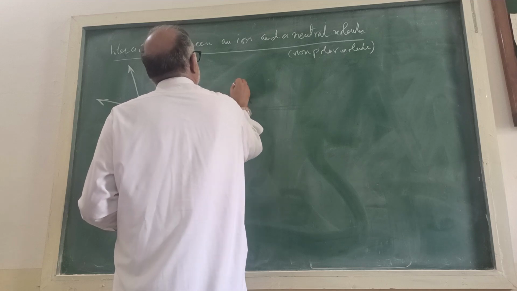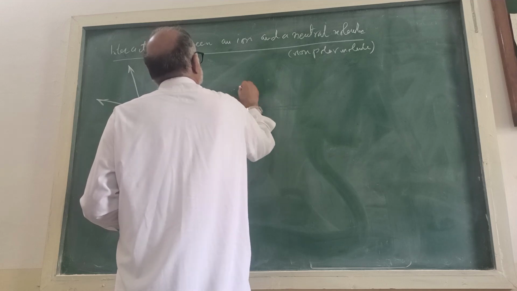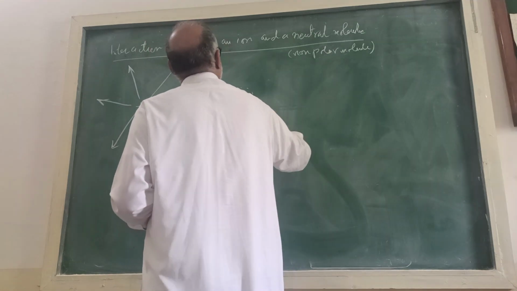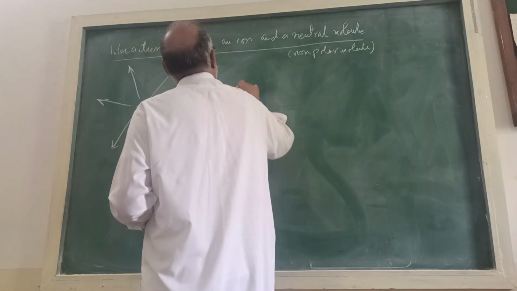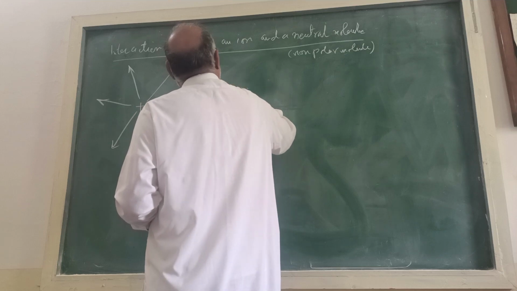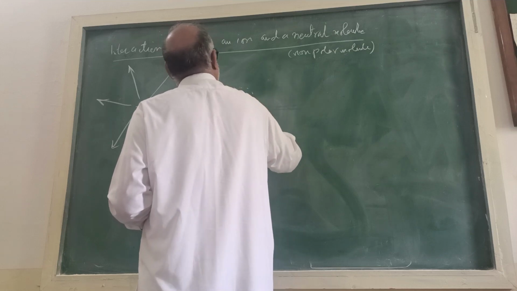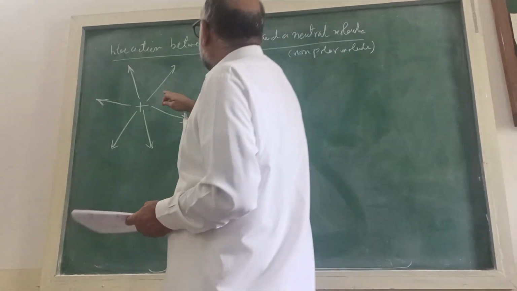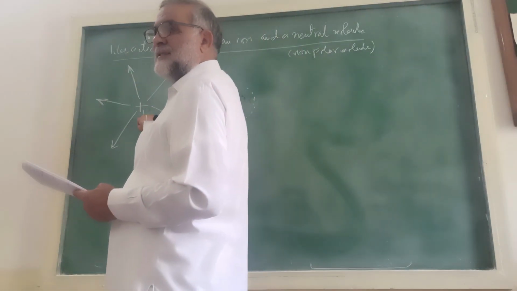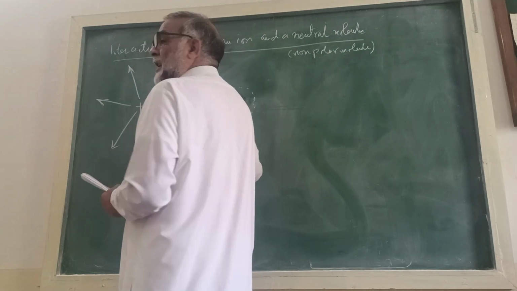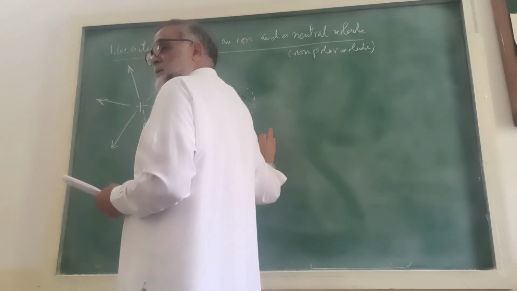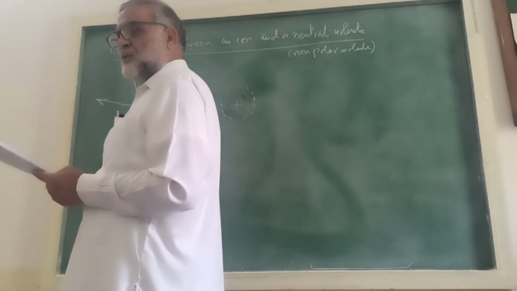If we have a polar molecule, then the negative charge will be symmetrically distributed around the positive charge, like this. Under the action of this field, the negative side will be attracted to the left, and the positive side will be repelled to the right.